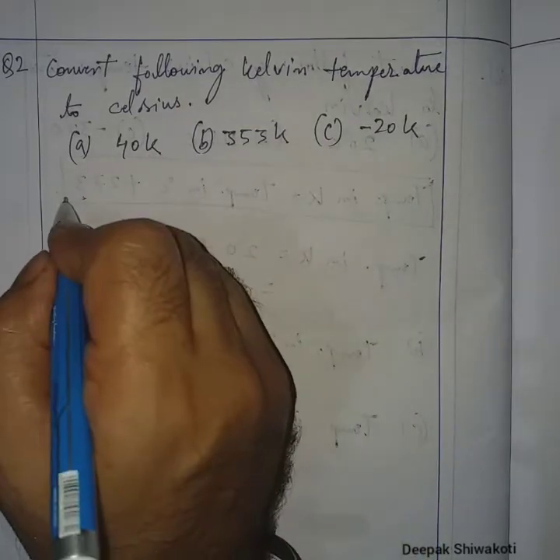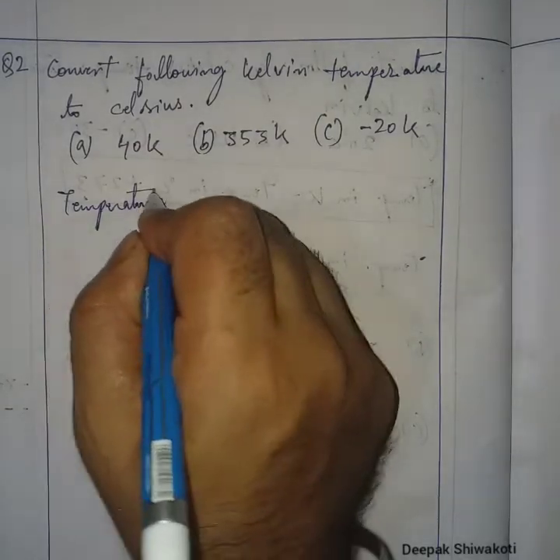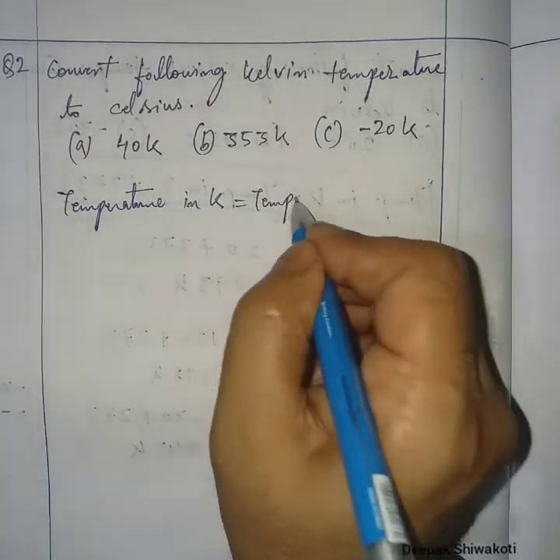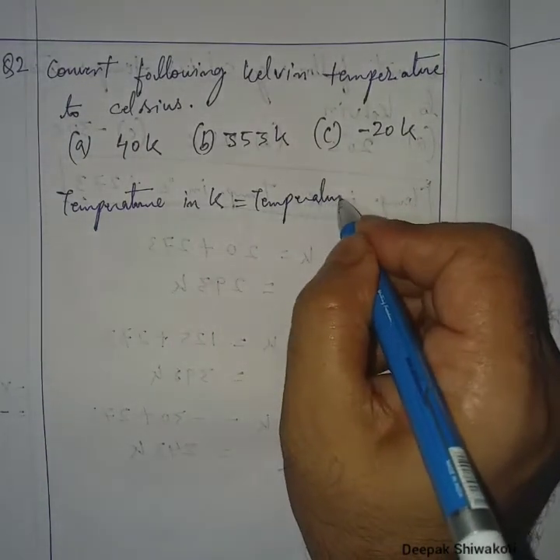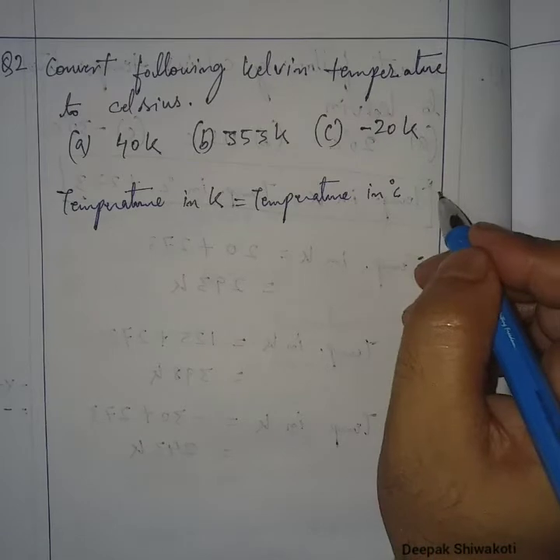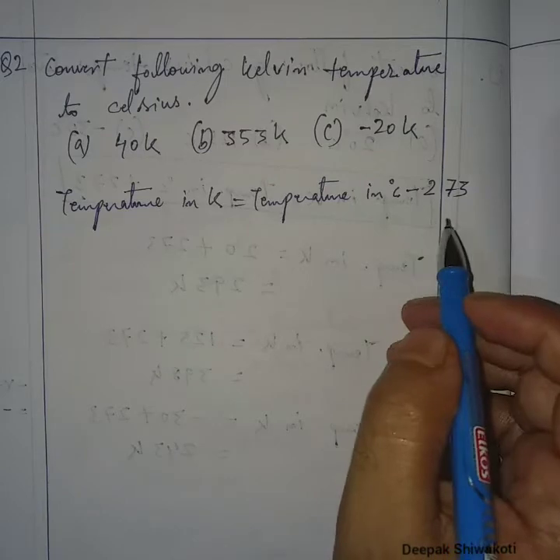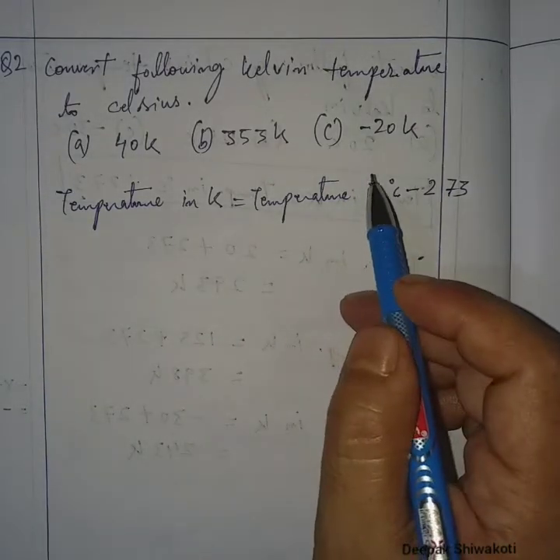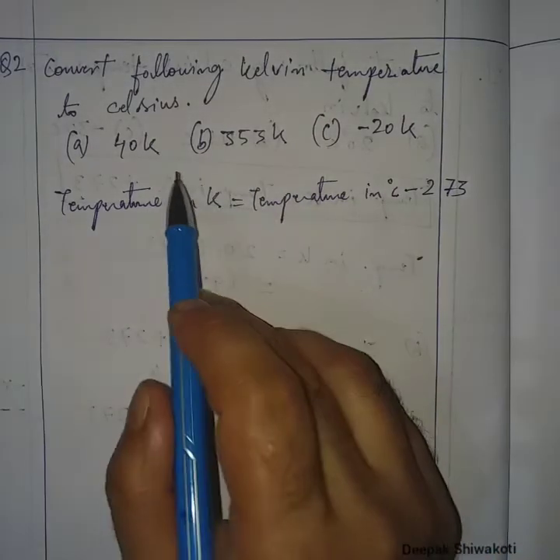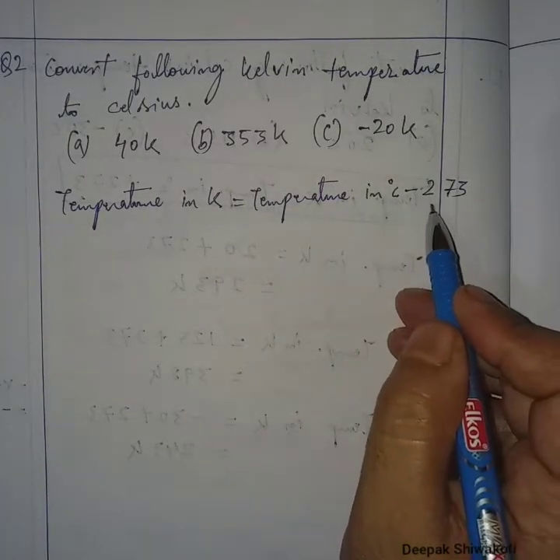What I mean is temperature in Kelvin will be equal to temperature in degree centigrade plus 273, so to convert Kelvin to Celsius we have to subtract 273.